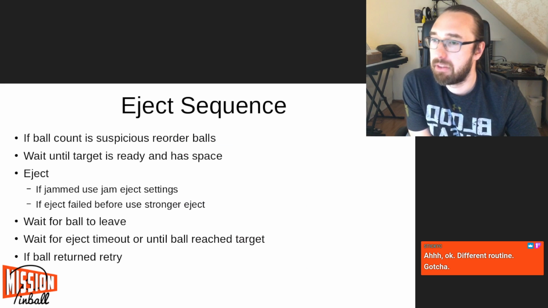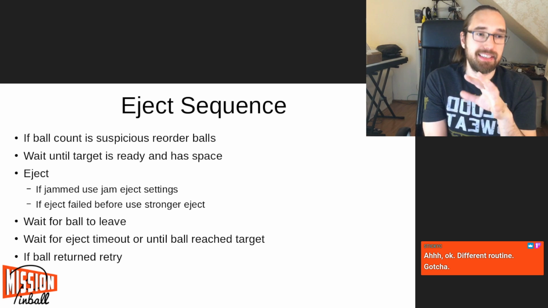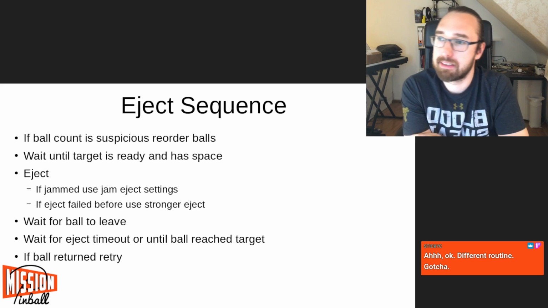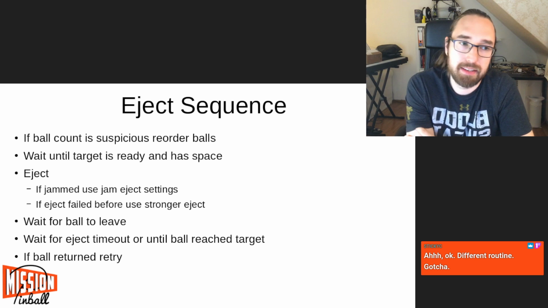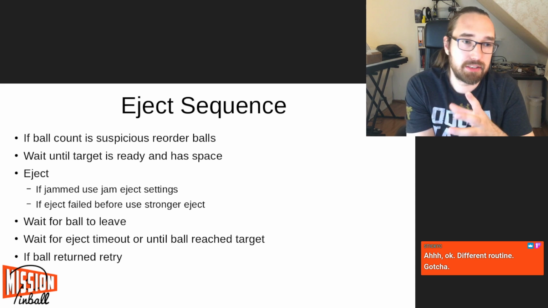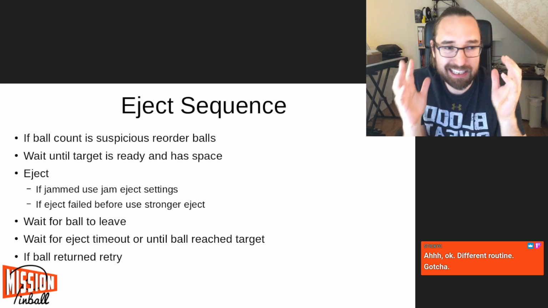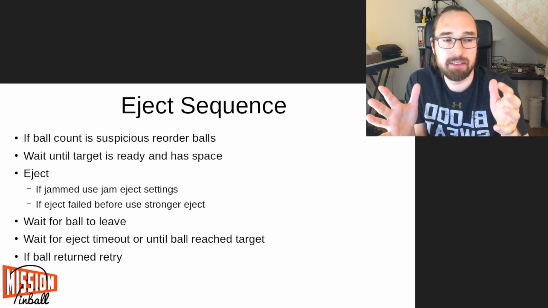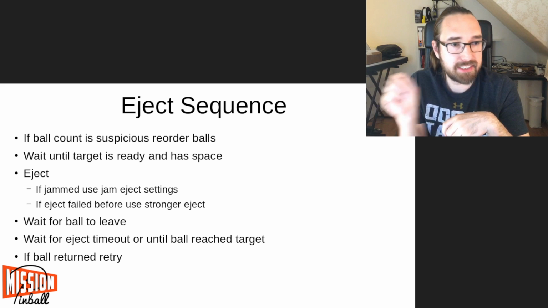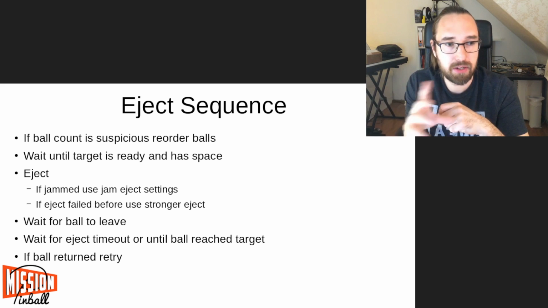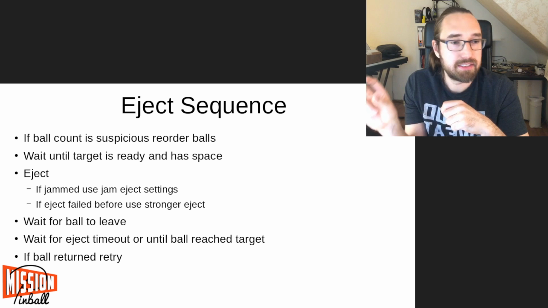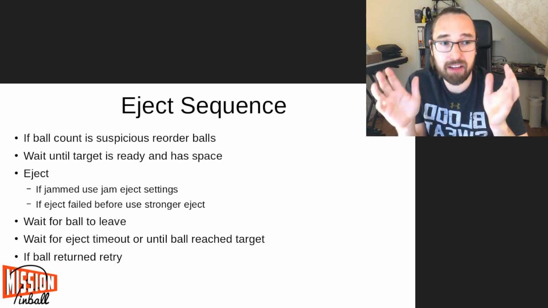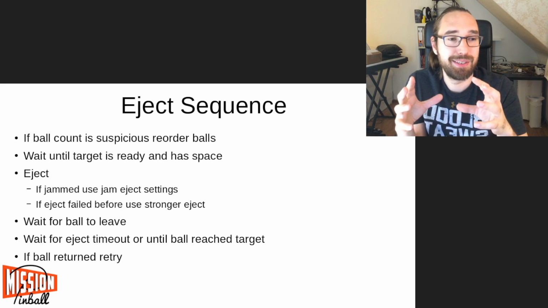So the general eject sequence is a little bit simplified here, but that's something MPF does. First, it will check: is the ball count I'm having stable? For example, if a ball just entered the device, so it rolled into the trough, or it's currently rolling into the trough, then that is a very bad point in time to eject the ball.